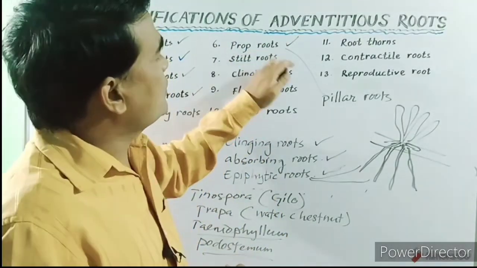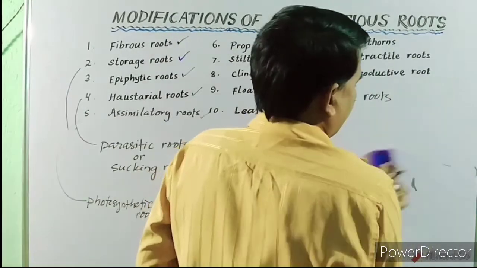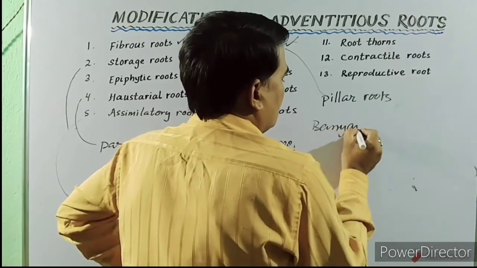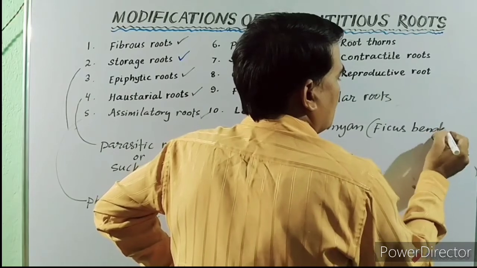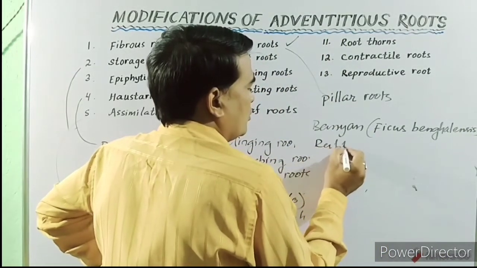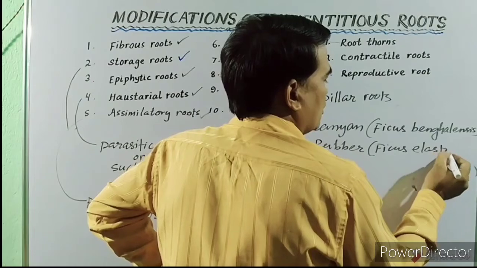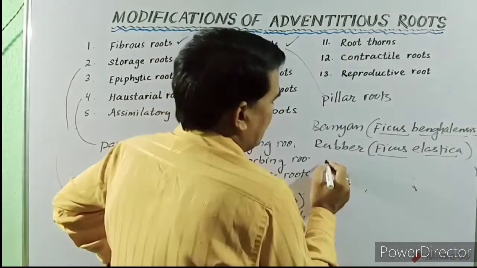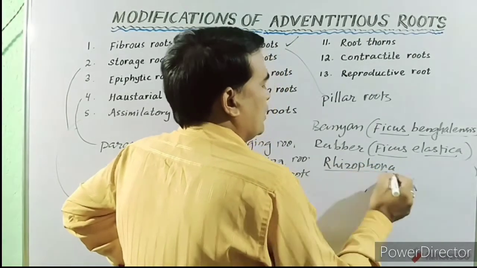And this type of roots are found in plants like banyan, Ficus benghalensis, then in rubber plant, Ficus elastica, then some mangrove plants like Rhizophora, etc.